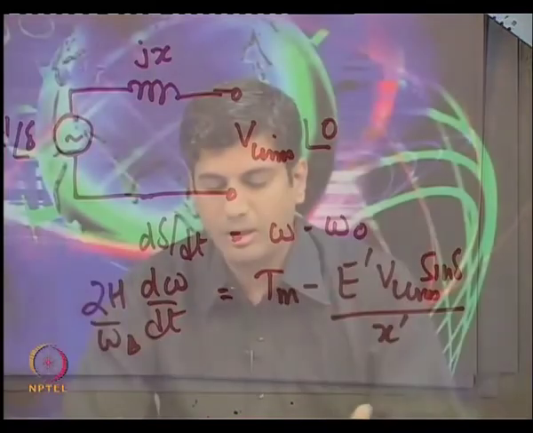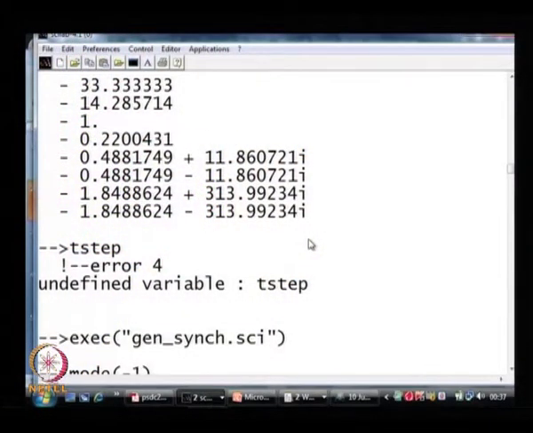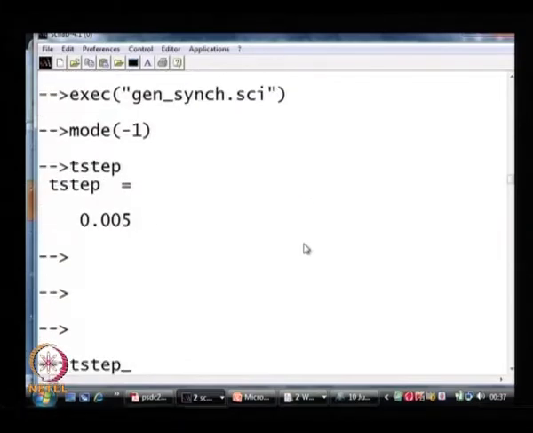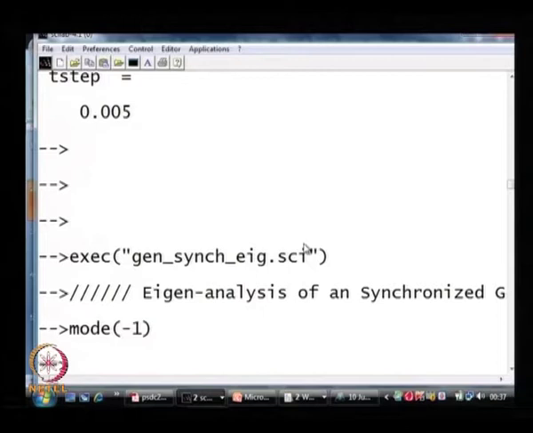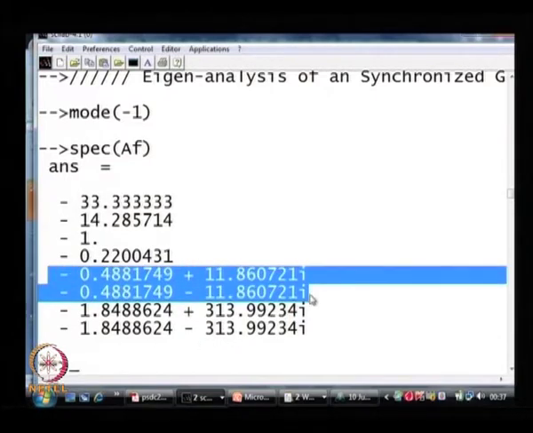In fact, this model predicts an oscillatory response for delta and omega whenever there is a disturbance. So, what we have with the 2.2 model is not only this electromechanical swing. If you recall, whenever you use a higher model with damper windings, the eigenvalues are these. So, there are many modes here, and amongst them we have what is known as the swing mode.